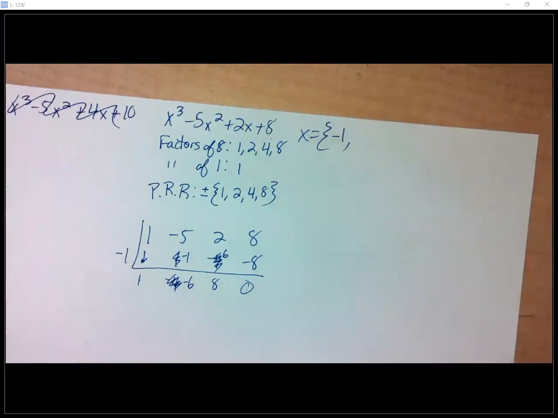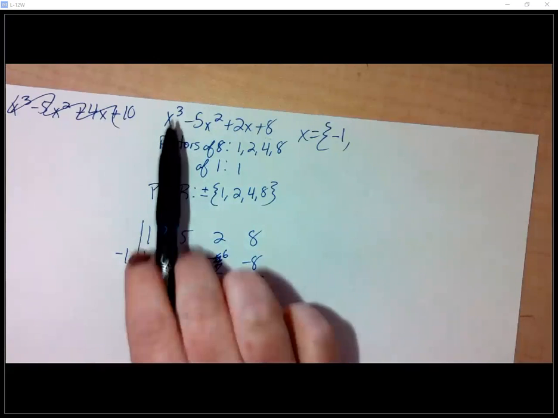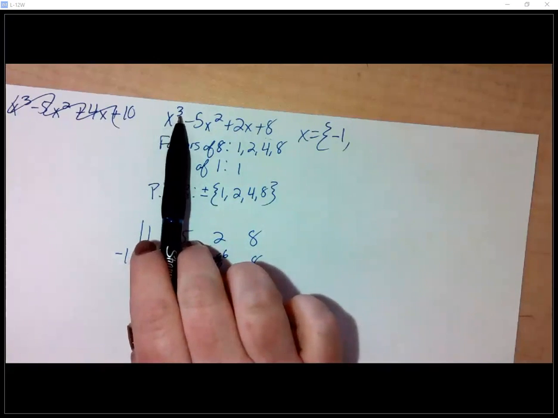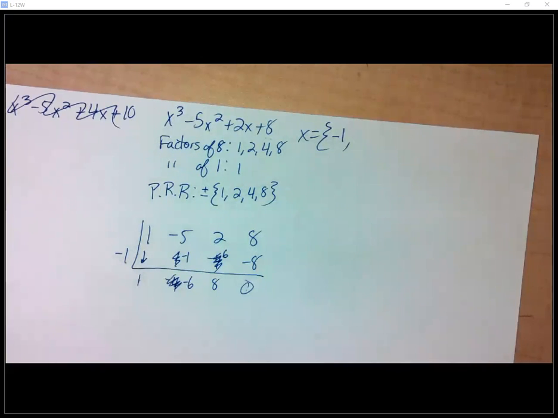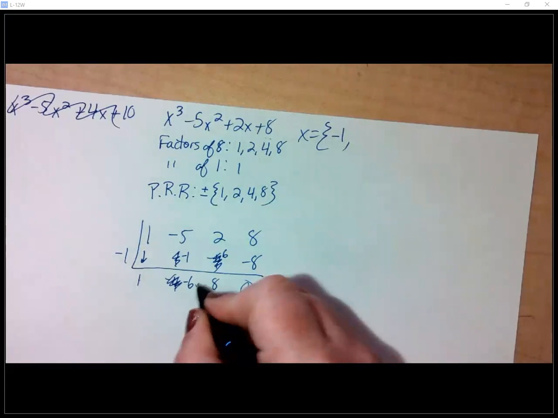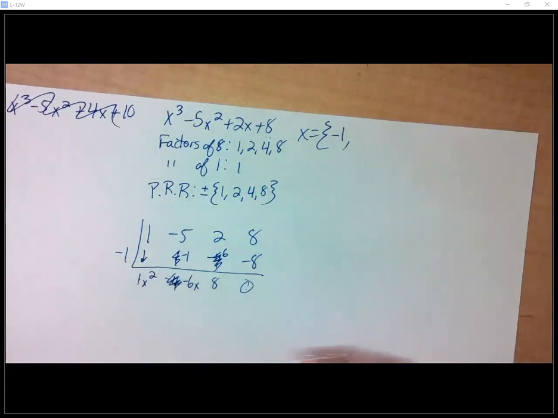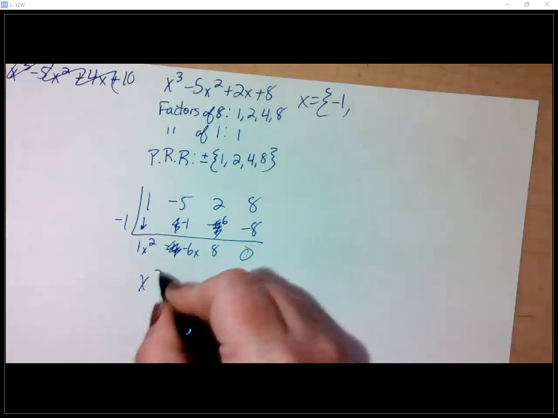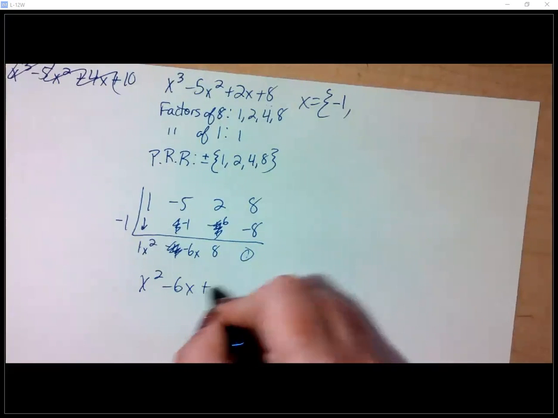How many answers are there going to be altogether, by the way? There should be 3, right? It's whatever the degree of the whole thing is. I just found one of them. Now look where I'm at. There's my constant, x to the first, x squared. So it's a quadratic, x squared minus 6x plus 8. All I have to do is solve that quadratic and I'll be done.